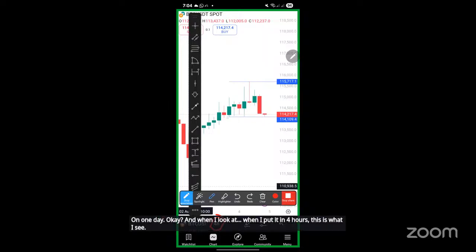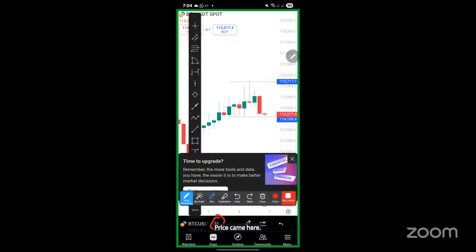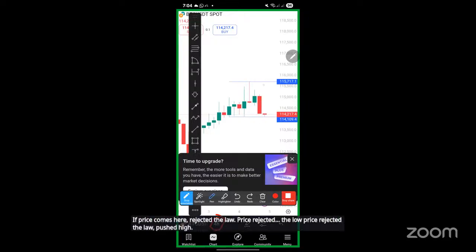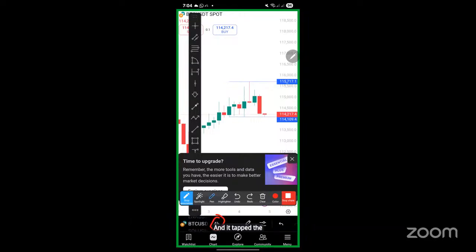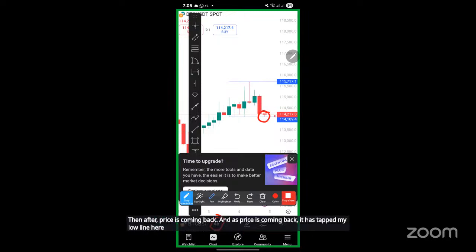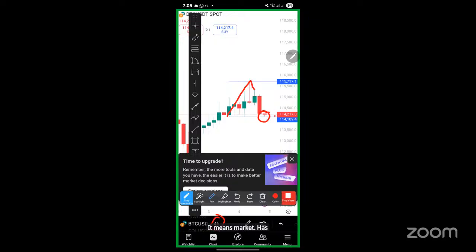Price came here, tapped the low, came here, rejected the low, pushed high and tapped the $115,717. Then price is coming back, and as it comes back, it has tapped my low line here. It means market has tapped, gone this way, then it is going this way.